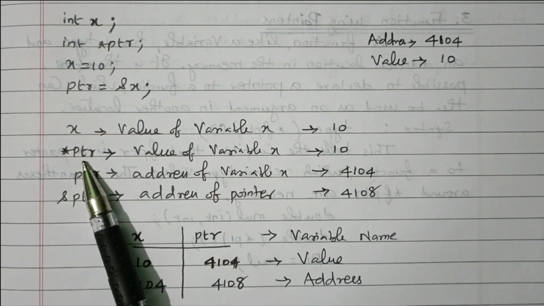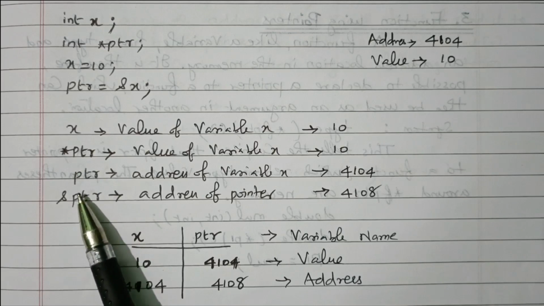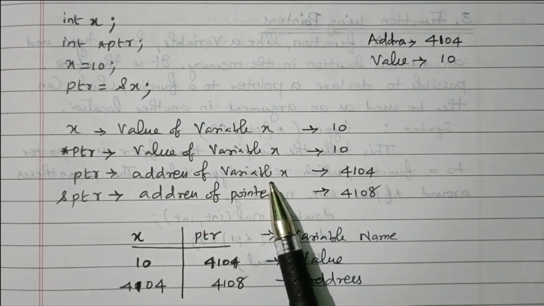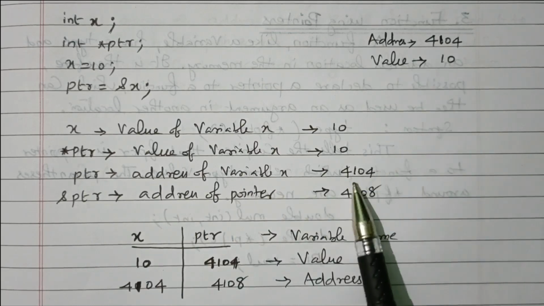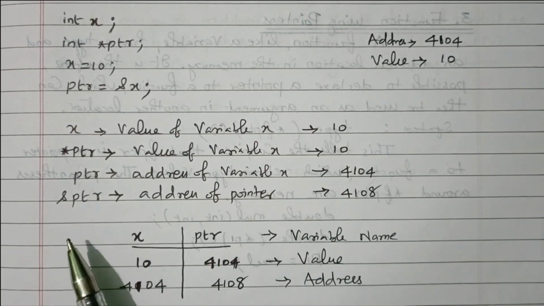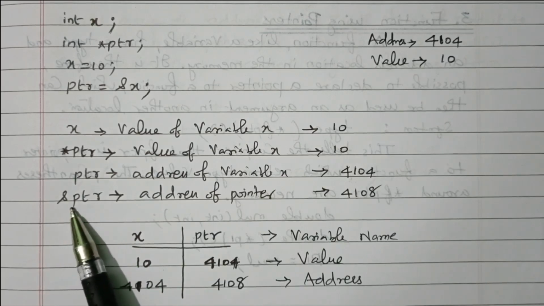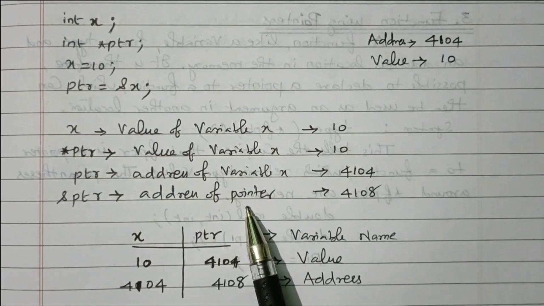The pointer at the address, the content in that address will be written by this *ptr. This ptr alone, the pointer, will give the address of the variable x, 4104. So this address will be written if you refer ptr. So *ptr and ptr, and the address of ptr means that also will give the address of the pointer, right?